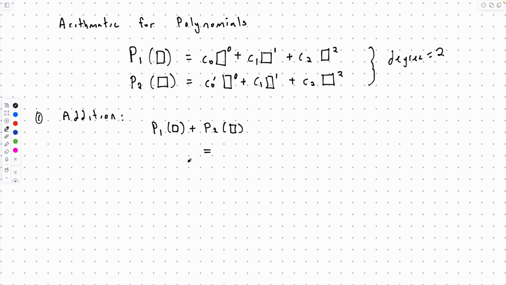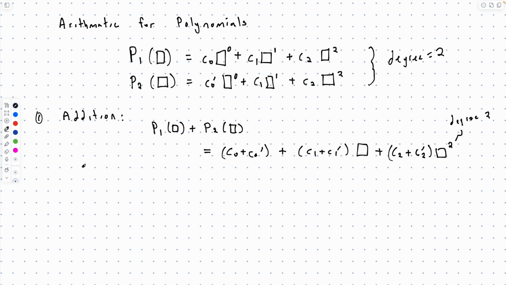Same. And what will the coefficients do? Okay, so it'll be the addition mod q. So C0 plus C0 prime will be the new first coefficient. And then C1 plus C1 prime will be the new second coefficient. And then C2 plus C2 prime will be the next coefficient. Degree is still 2.